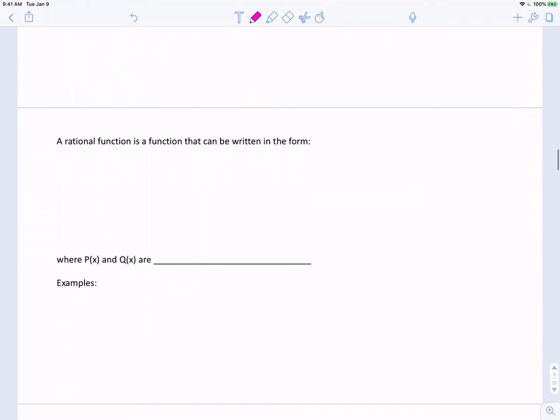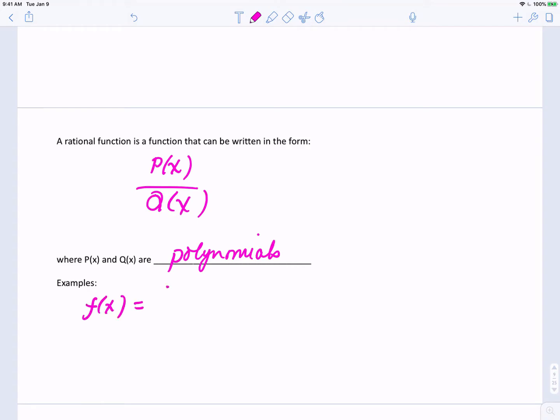So in general, this section is about rational functions, and a rational function is a function that can be written in the form p of x divided by q of x, where p of x and q of x are both polynomial functions. So for example, f of x equals 3x squared plus 2x minus 7 divided by x plus 3.